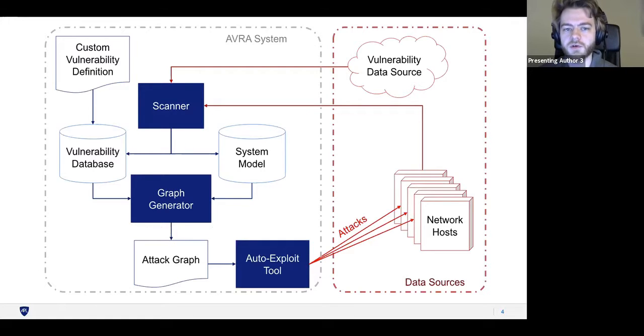All of those components are pretty pluggable, and as long as they feed into each other in a consistent way, you can use your own database, you can use SQL, Postgres, whatever. If you have some sort of first-party source of vulnerability information, it should be easy to modify and use that too.